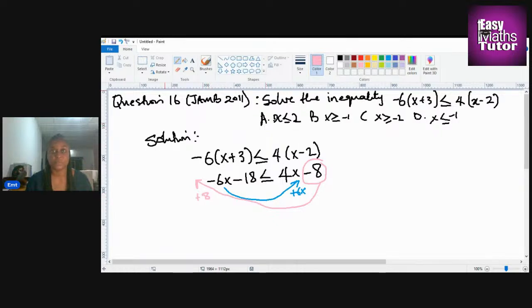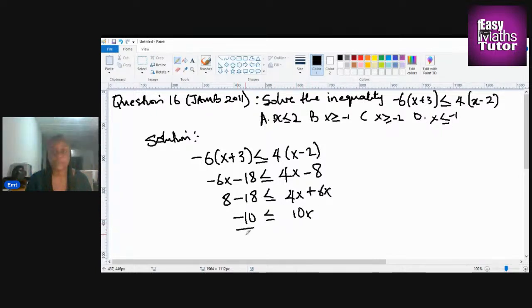With that in mind, let's continue solving this problem. It will become 8 minus 18 less than or equal to 4x plus 6x. So we will have 8 minus 18 is minus 10, less than or equal to 4x plus 6x, which is 10x.